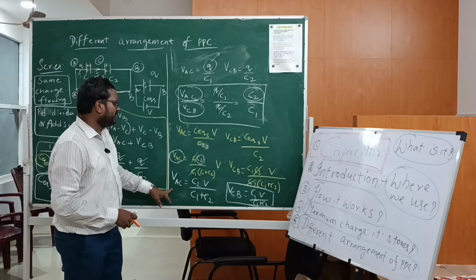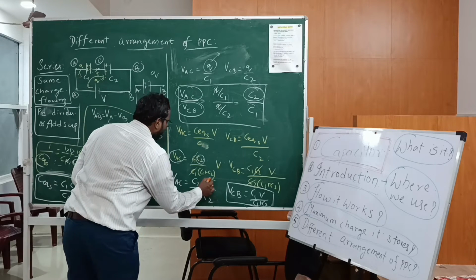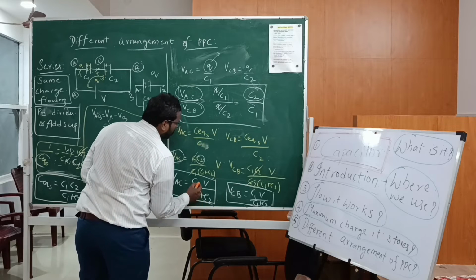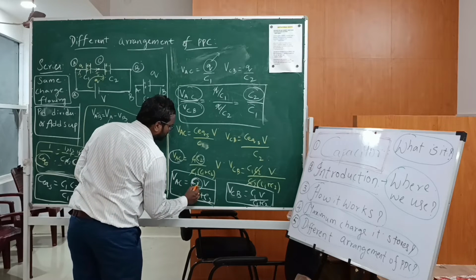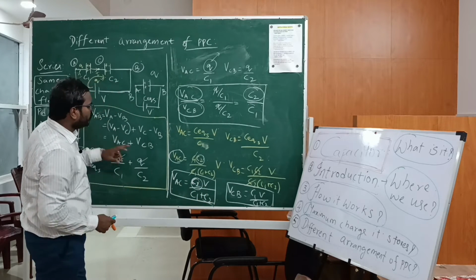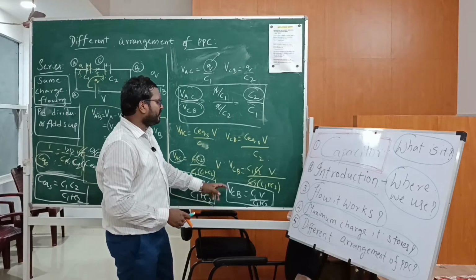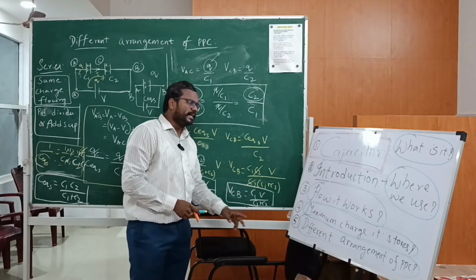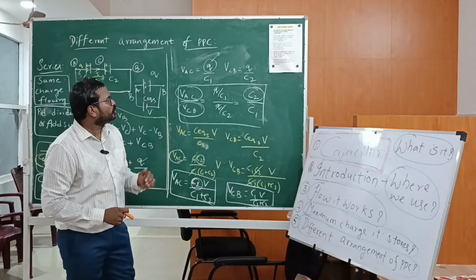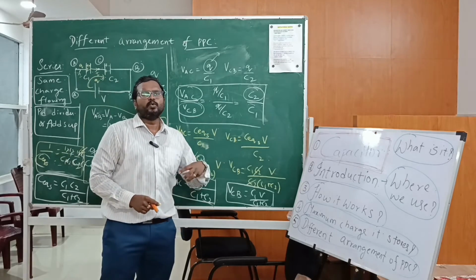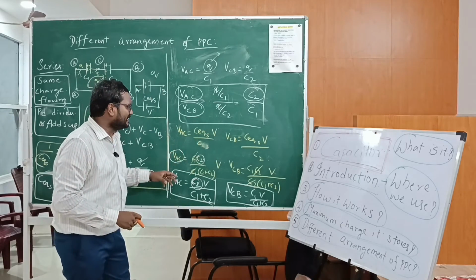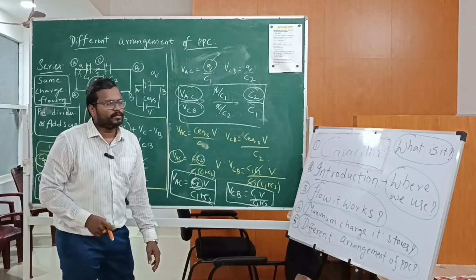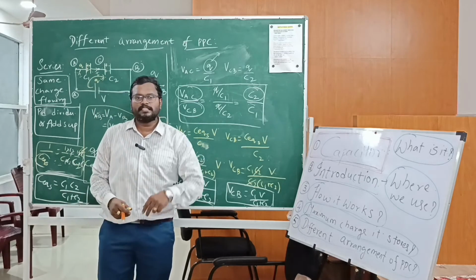So potential drop across AC and CB is directly proportional to the other capacitance. VAC is equal to C2V by C1 plus C2. VCB is going to be C1 into V by C1 plus C2. So it is very important to understand how this potential is divided when two capacitors are there.